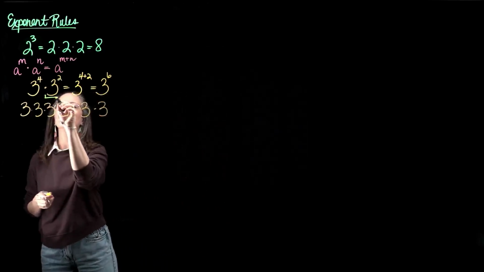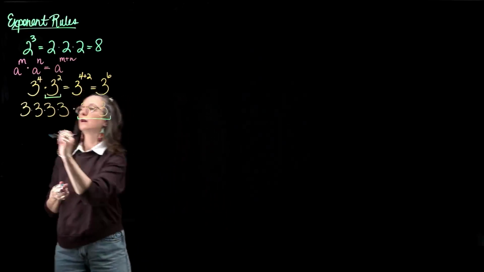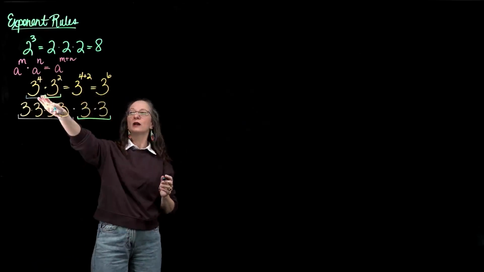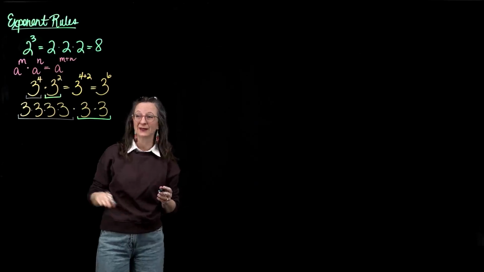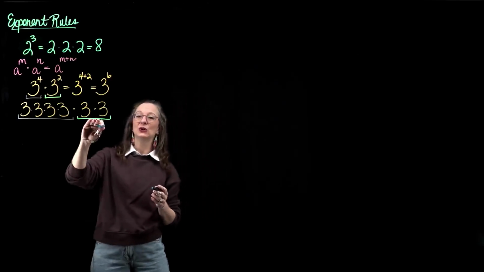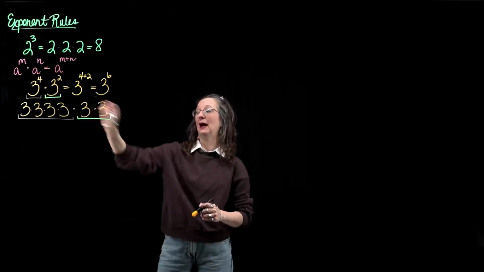Let's use some color here. Okay, so I've just marked those 4 3's on the bottom to indicate that they came from the 3 to the 4th power, and the 2 3's on the bottom to indicate that they came from the 3 to the 2nd power.